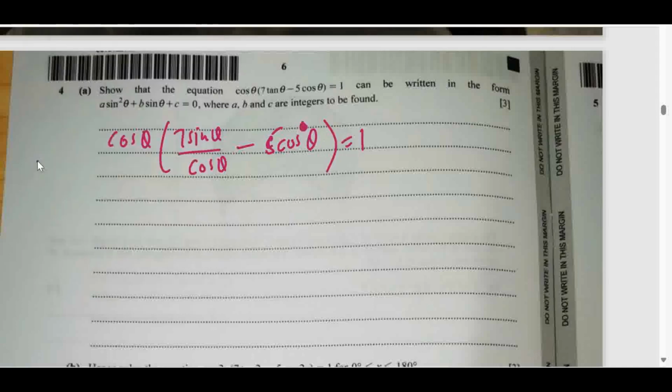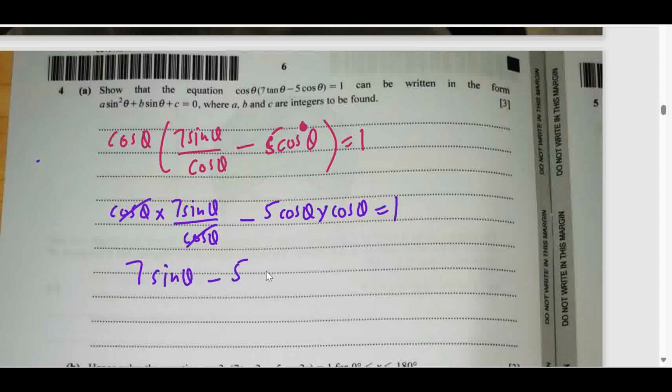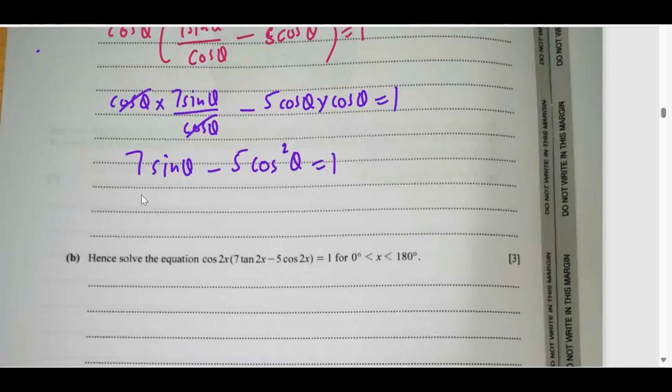Now if we multiply it with this, this will be cos theta into 7 sine theta divided by cos theta minus 5 cos theta multiplied by cos theta is equals to 1. We can cancel out these two. So 7 sine theta minus 5 cos square theta is equals to 1. Now cos square theta is equals to 1 minus sine square theta.